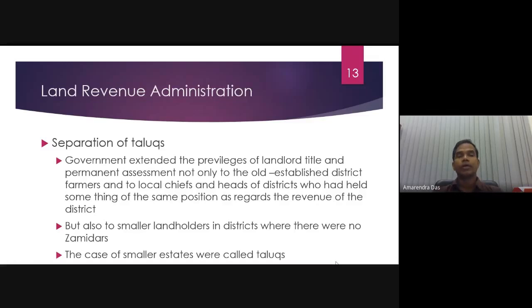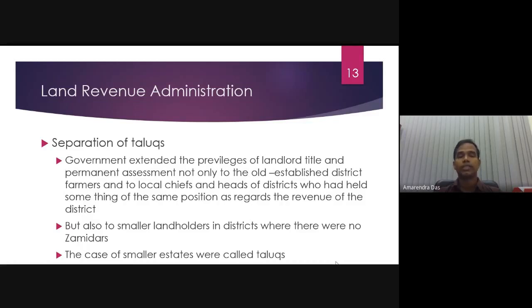And there was also the separation of the taluks. The government not only extended these privileges of landlord title and permanent assessment to the district farmers or the local chiefs and heads of the district, who had held much the same position with regard to the revenue of the district, but the British administration also gave smaller landholdings in the districts, basically called taluks.